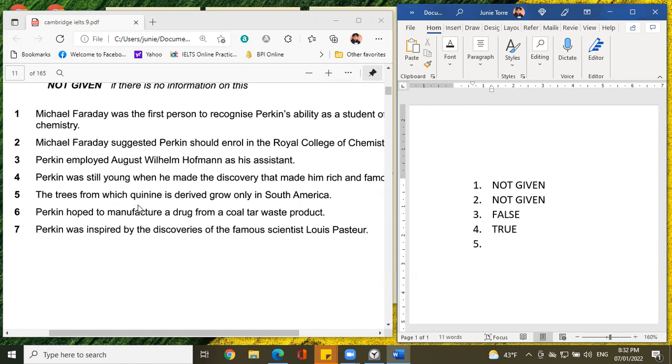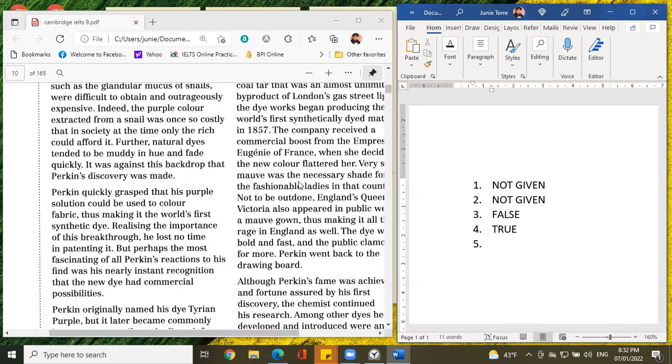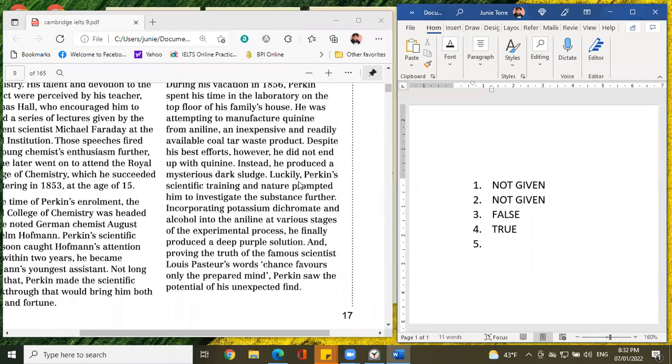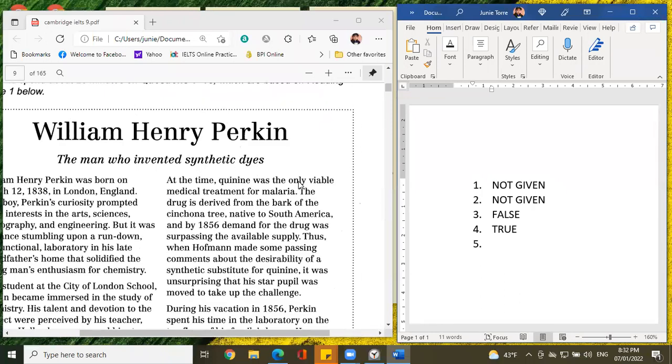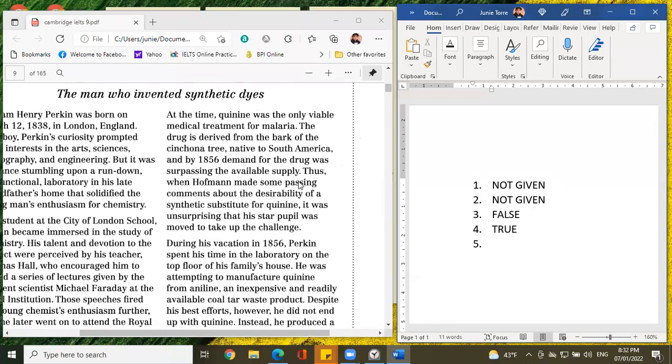Okay, the trees from which quinine is derived grow only in South America. So quinine, let's look for that. They're just in succession, guys. It's not really very hard to find. There. "At the time, quinine was the only viable medical treatment for malaria.